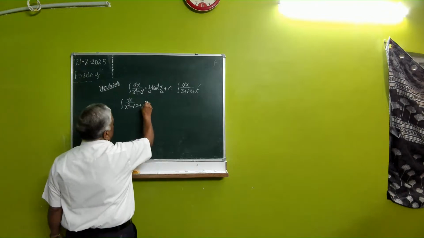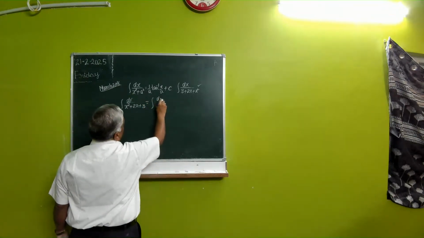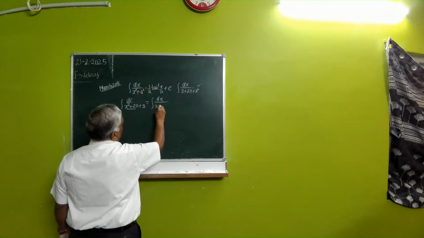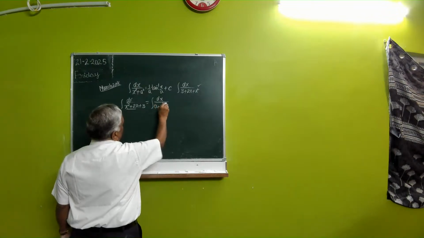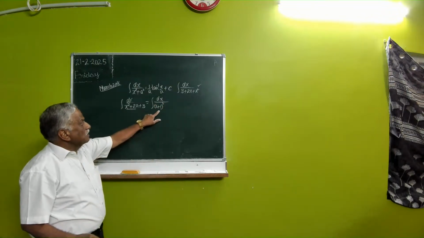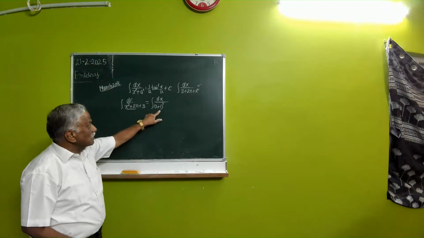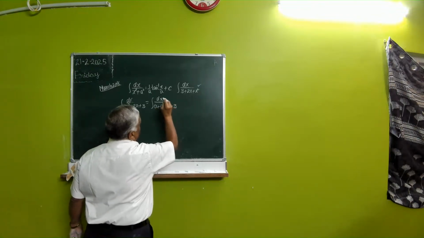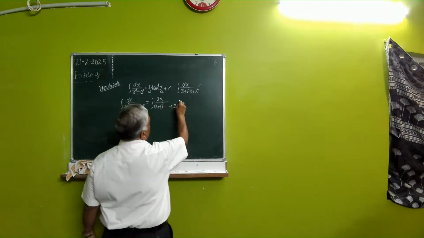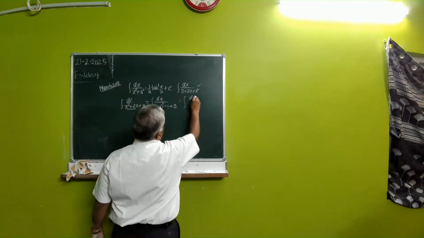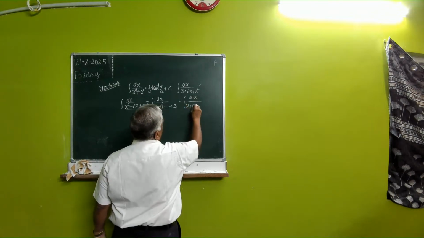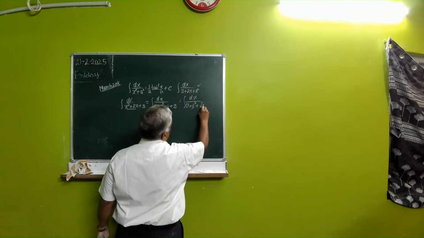You can write this as dx over, always look at the first two terms, x plus 1 whole square. By writing x plus 1 whole square, you have got x square plus 2x plus 1. Then 1 should be subtracted. Then write 3. So what do you get? dx over x plus 1 whole square plus root 2 square.